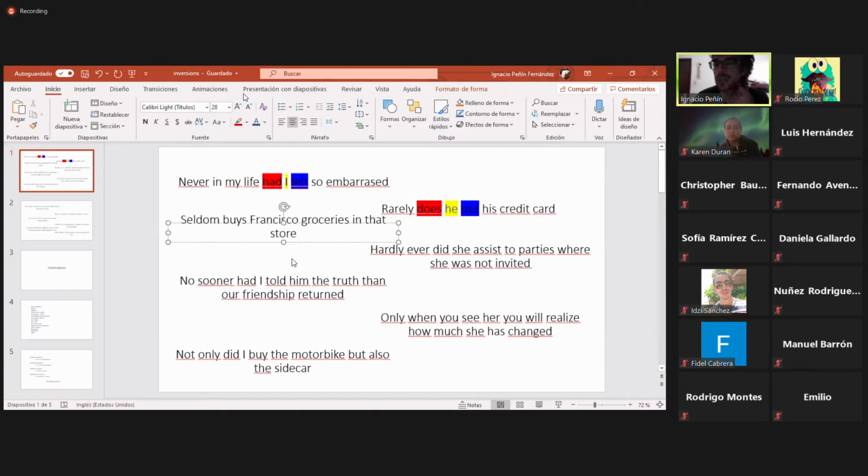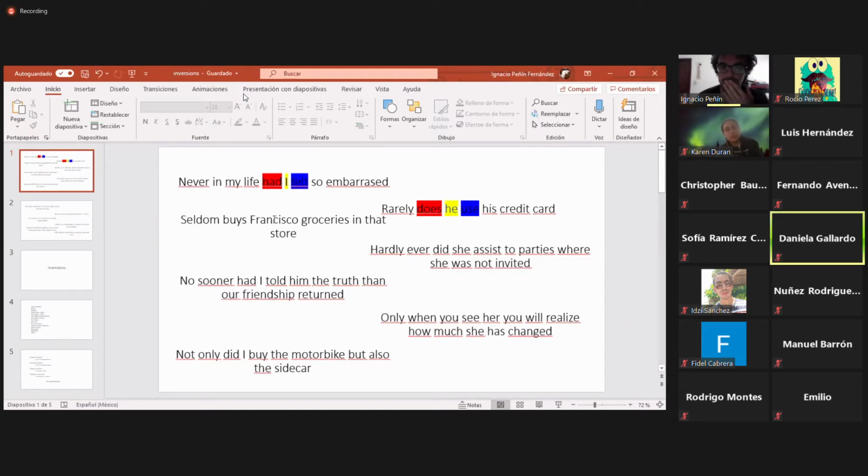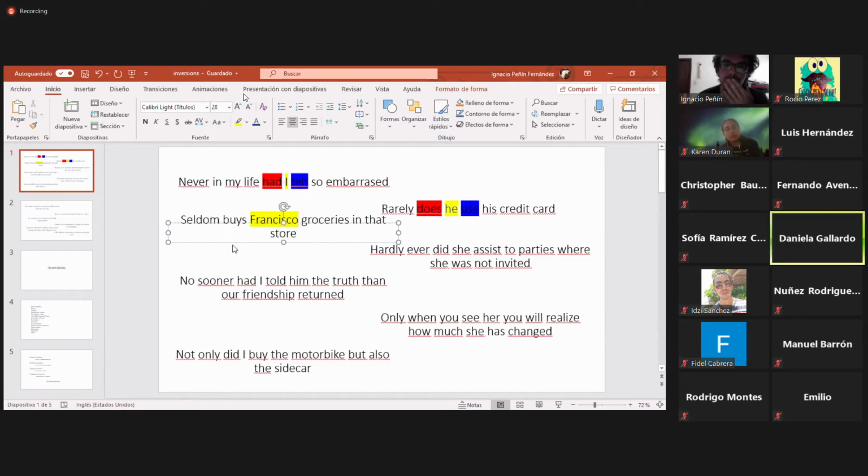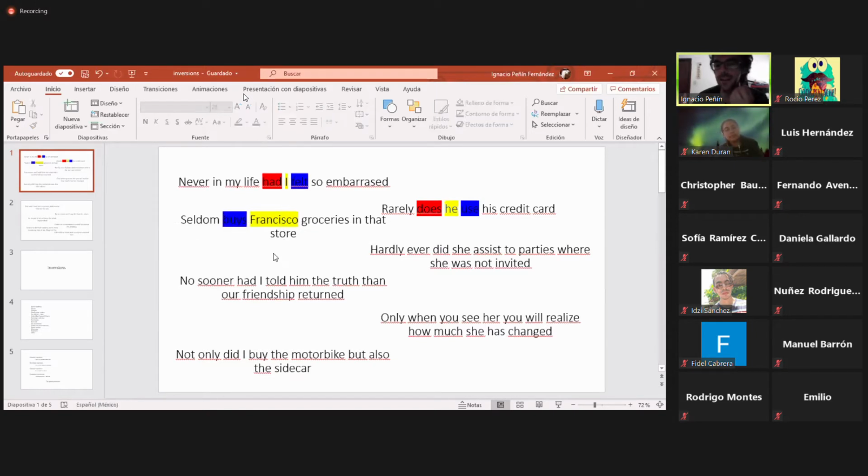So in the following one, seldom buys Francisco groceries in that store. What's the subject? Francisco. That is blue. Okay. What is the verb? Buys. Buys is the verb. And what is the auxiliary?